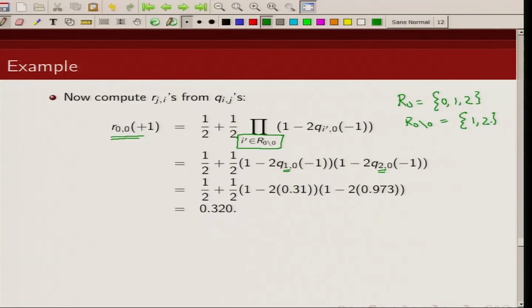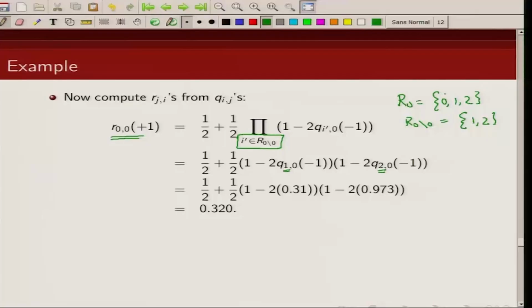So, in this product you will have two terms, one corresponding to Q10, the other corresponding to Q20, because in that 0th parity check equation, other than the 0th bit, the bits that are participating are bit number 1 and bit number 2. So, this is the probability that the parity check constraint is satisfied given Ci is 0.